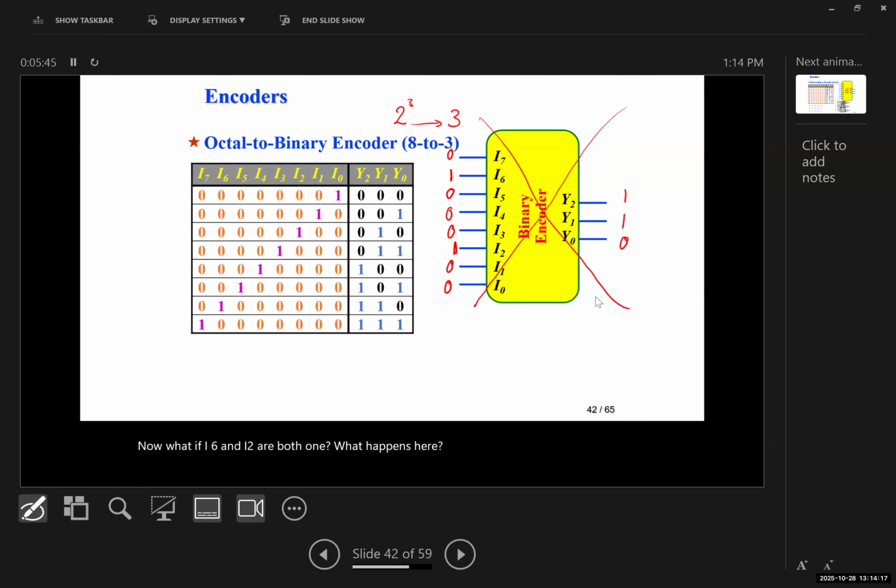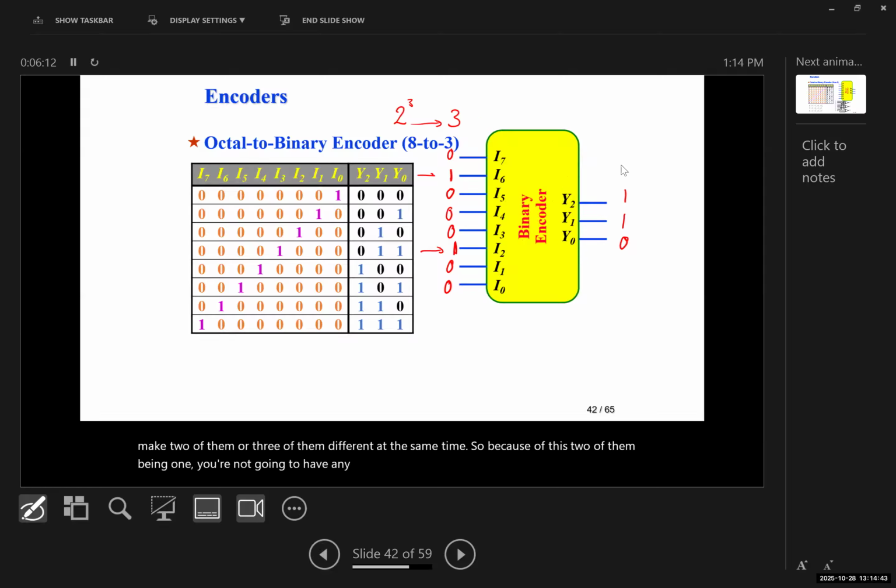This would not produce any results because you're going to have interference between the inputs. Only one of the inputs could be 1 at each time, or in a low active situation could be 0. So only one could be different. You can't make 2 of them or 3 of them different at the same time. So because of this, 2 of them being 1, you're not going to have any output.